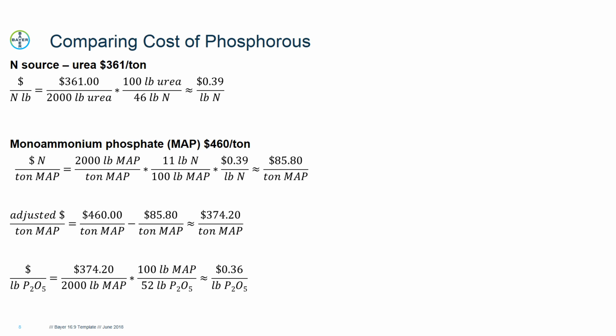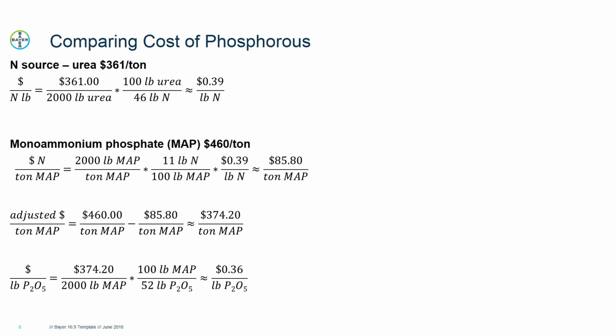Next, we must adjust the price of monoammonium phosphate at $460 a ton for the value of nitrogen. We must determine how much nitrogen is in a ton of monoammonium phosphate and equate it to the total value.